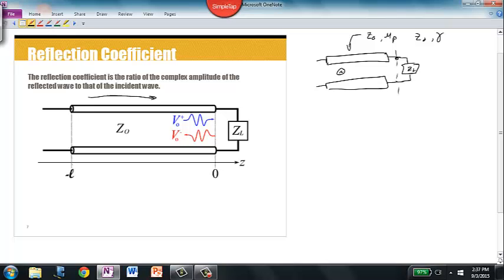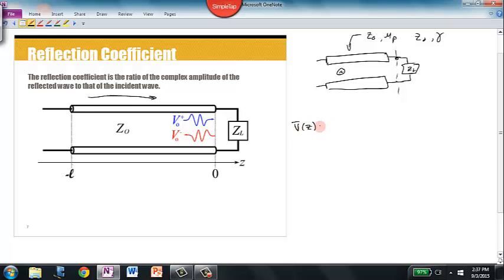So if we were to write the total transmission line voltage and current in phasor form, hopefully this is starting to look familiar to you.